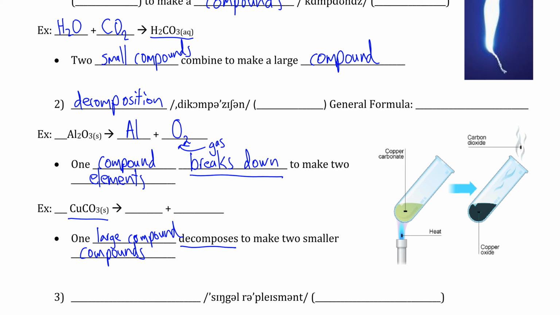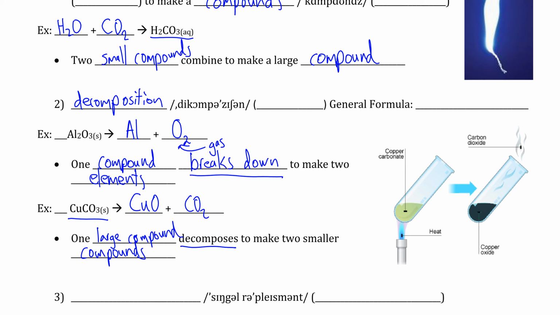So if we take a look at this reaction here, we can take copper 2 carbonate and break it down into carbon dioxide. There's C and 2 of the oxygens there, and what we would have left over is copper oxide. So we can see that instead of breaking copper 2 carbonate into two elements, we have it broken down into two smaller compounds.